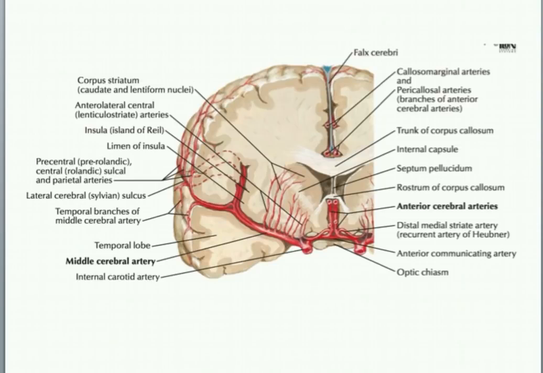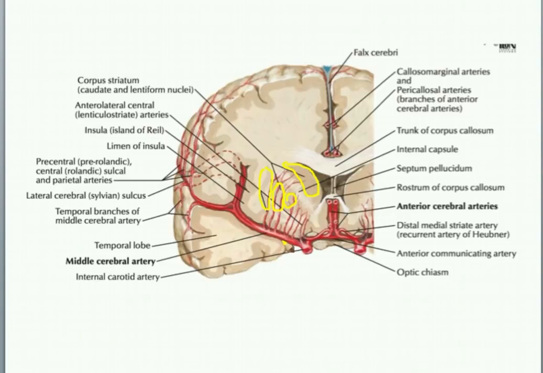So we're not really clearly able to see where the different structures of the basal ganglia are here, but this would be the caudate nucleus, and somewhere around here would be the putamen, the external globus pallidus, and the internal globus pallidus.